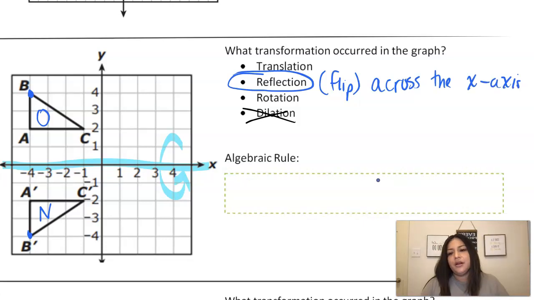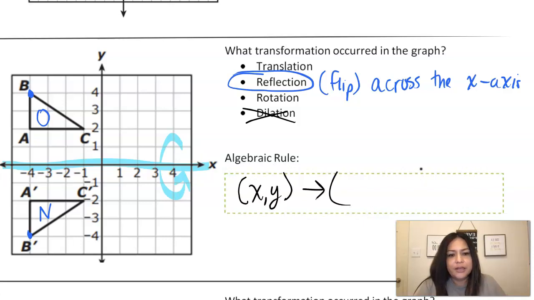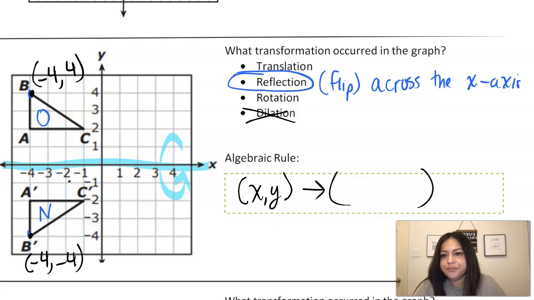x-axis. All right, so if I want to know what happened to these coordinates so that I write my rule, I'm going to say x, y were transformed so that, and I need to explain what happened here. Now, if I notice the original coordinates of B are at -4, 4, the new coordinates of B prime are at -4, -4. So let's take a look at what happened to these coordinates.